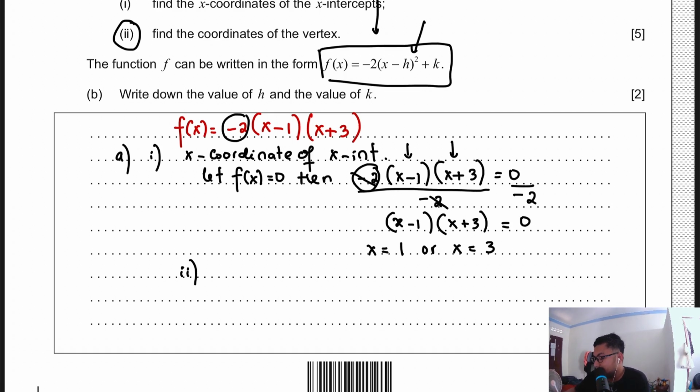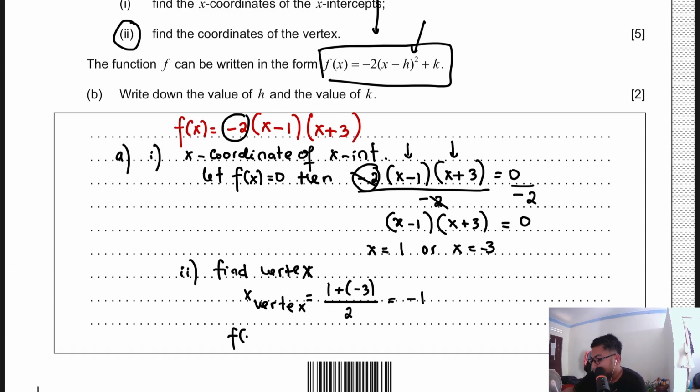Okay, so find the vertex. I think you can just find the x of the vertex. In IB, they don't really care that much about being too detailed, just shortcut, but make sure it is reasonable. So it should be 1 plus negative 3, over 2, so it's going to be negative 1.